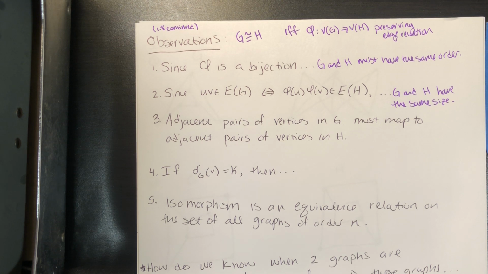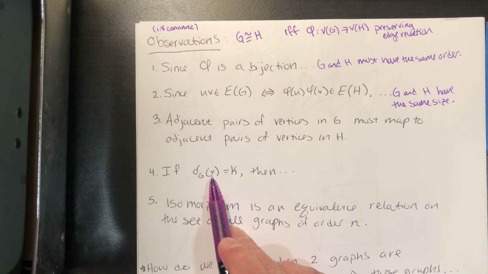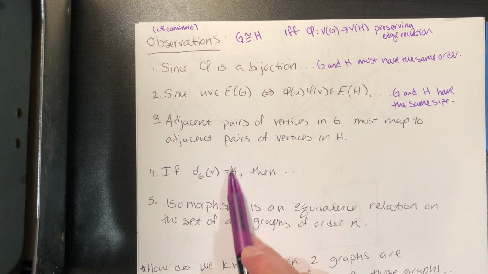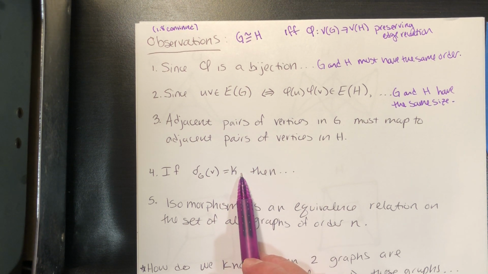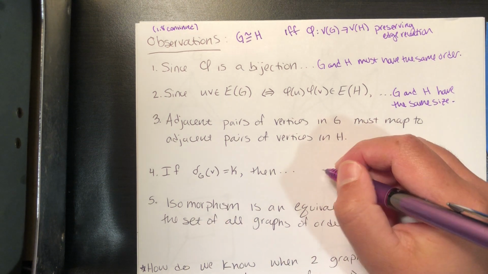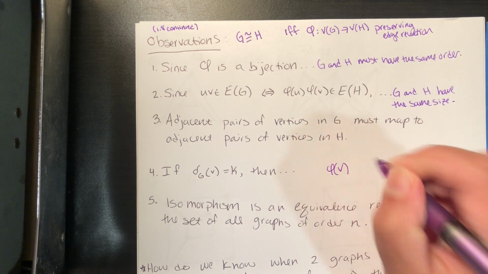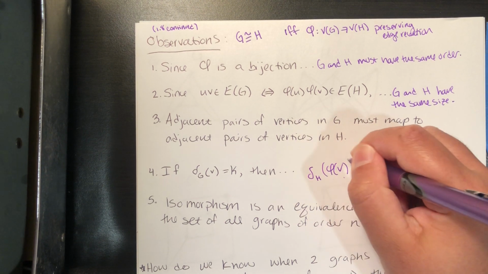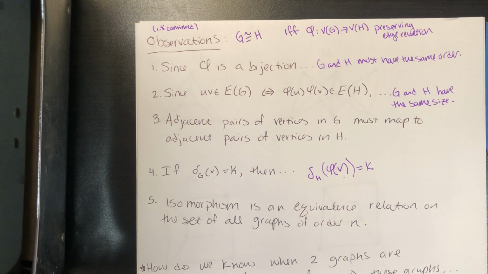And using that reasoning, if the degree of a vertex V in the first graph is equal to K, that means there's K edges incident with it, which means when you look at the image of that vertex, phi of V, the degree of that vertex has to also be equal to K.